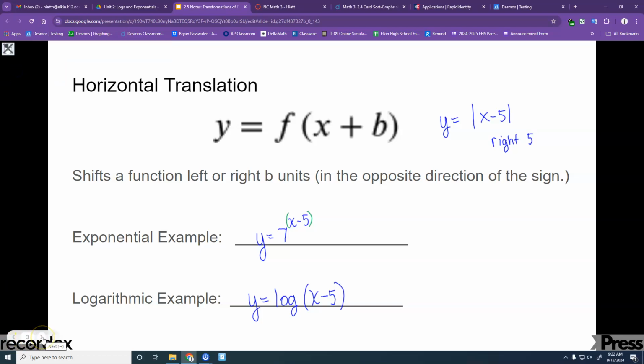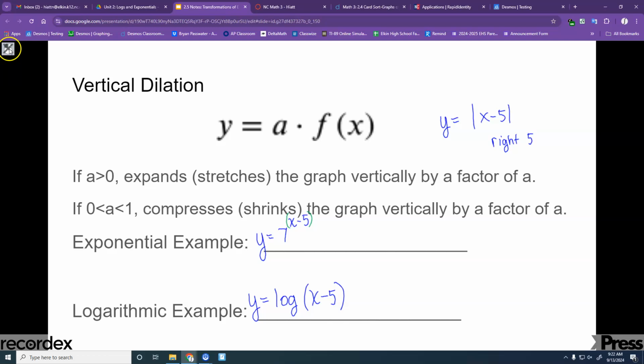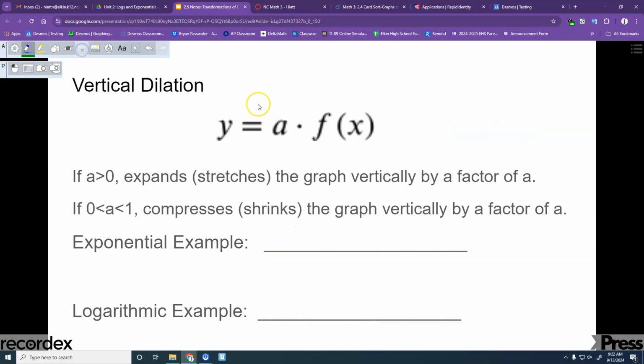Moving on. We did not do a lot with vertical dilations, but we did have a few that looked like this. This was where we had maybe 3 times the absolute value of x. This is incorrect too. Let's fix this.